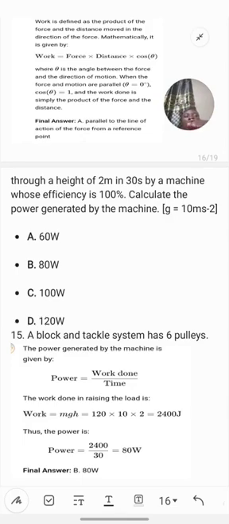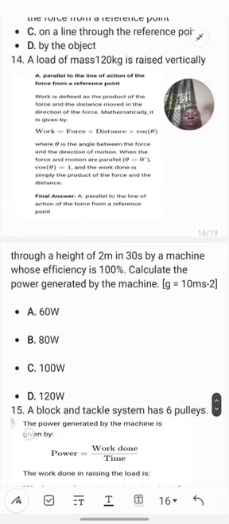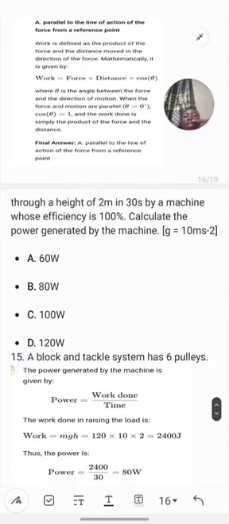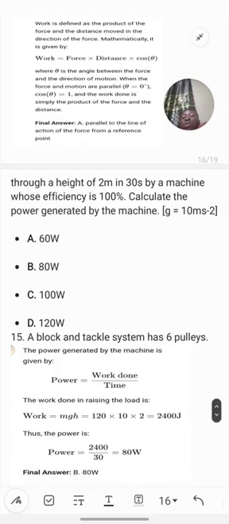And work is mgh. So definitely the work will be 120 multiplied by gravity, which is 10, then multiplied by the height, which is 2. So we are getting 2,400 joules.